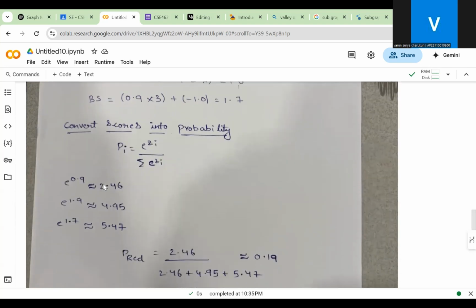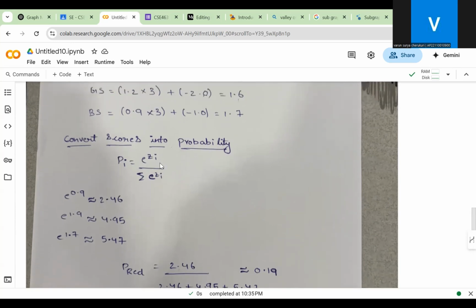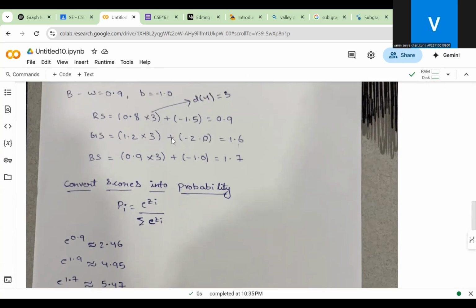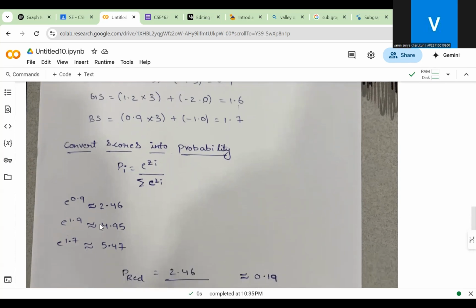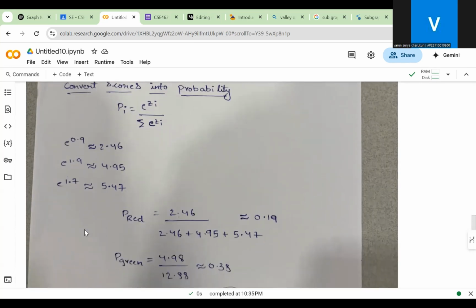The next step is converting them into probabilities, and the formula for that is this. For that we need to find e to the power of these scores. e to the power of 0.9 is 2.46, e to the power of 1.9 is 4.95, and e to the power of 1.7 is 4.7, almost similar, close to these values.